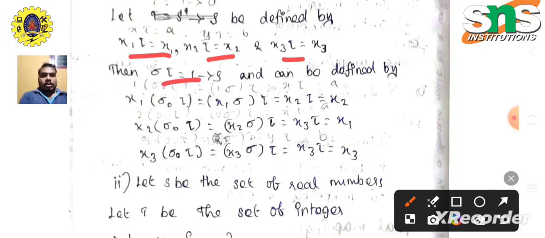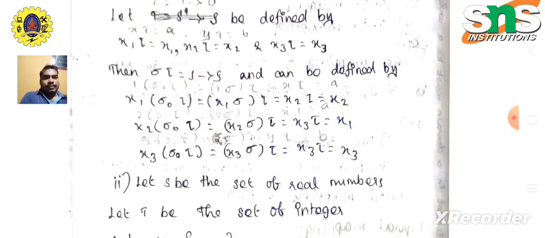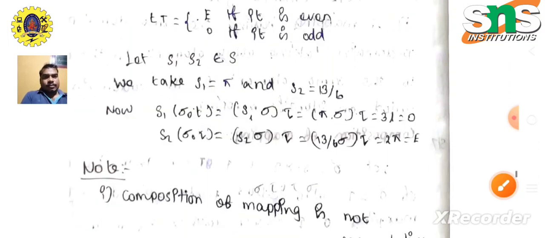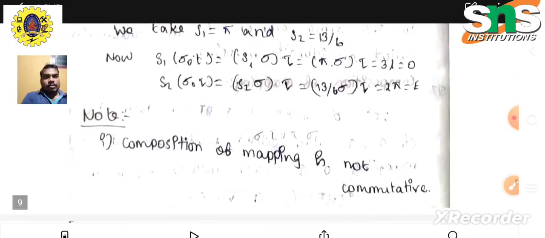Then sigma dot tau is defined by x1 of sigma dot tau equal to x1 sigma into tau. That is, x1 sigma is x2, x2 into tau, which is equal to x2. Similar way we have to prove x2 sigma dot tau equal to x1, x3 sigma dot tau equal to x3.